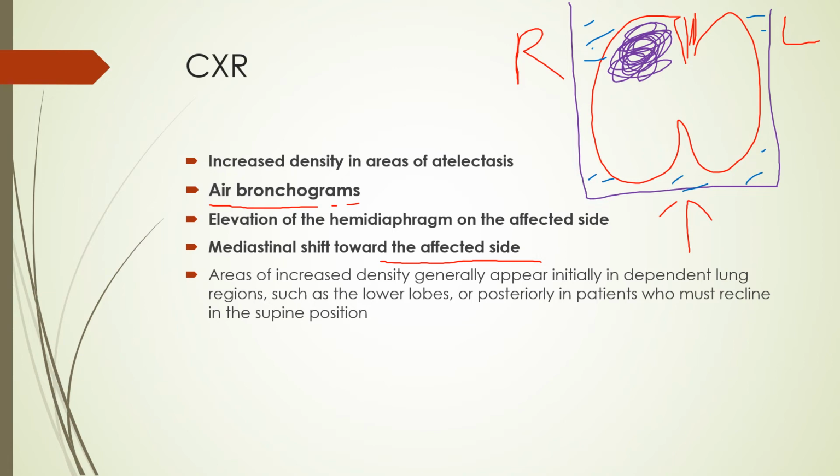I'll ask that again. Am I able to expand this dense, collapsed area as easily with the same amount of pressure as these other areas? Absolutely not, right? So this right upper lobe is going to stay collapsed. It needs more pressure for that area to open, but that's not how things work.